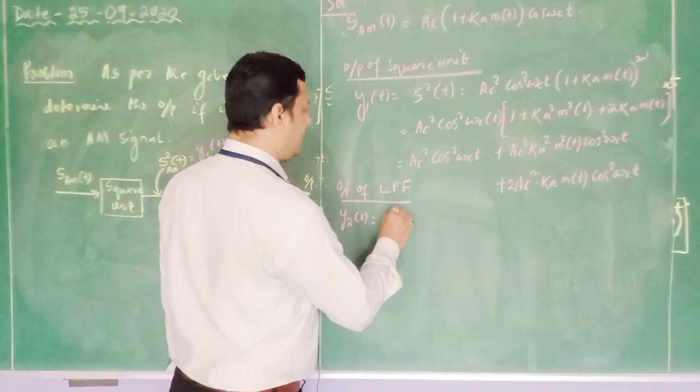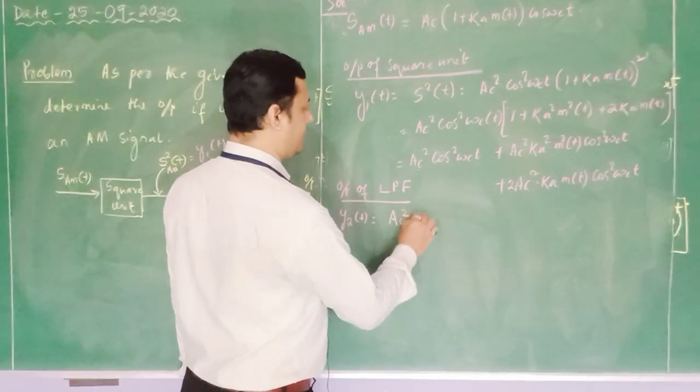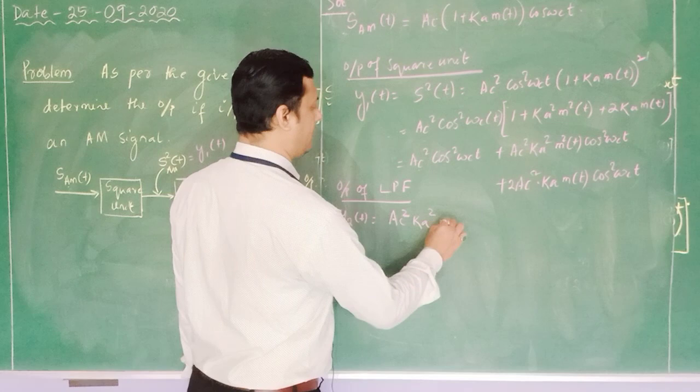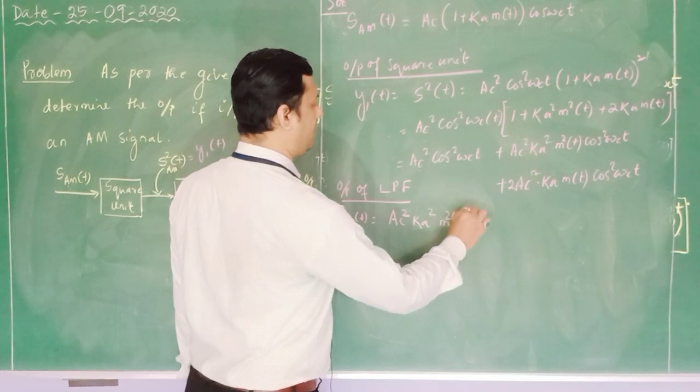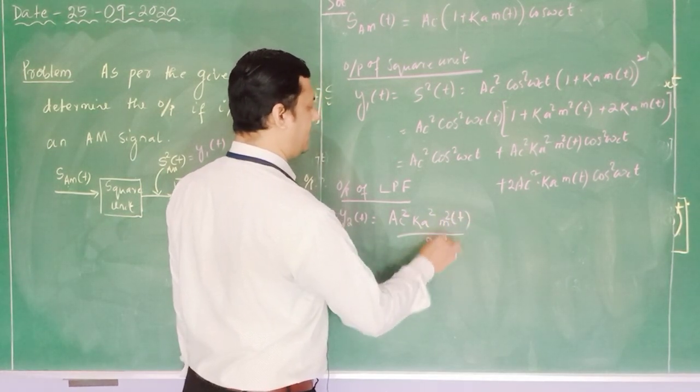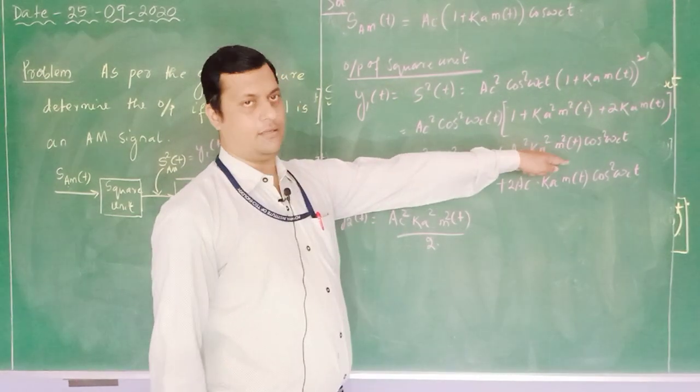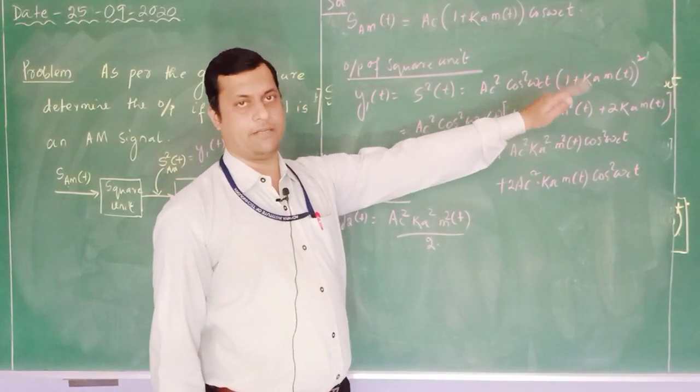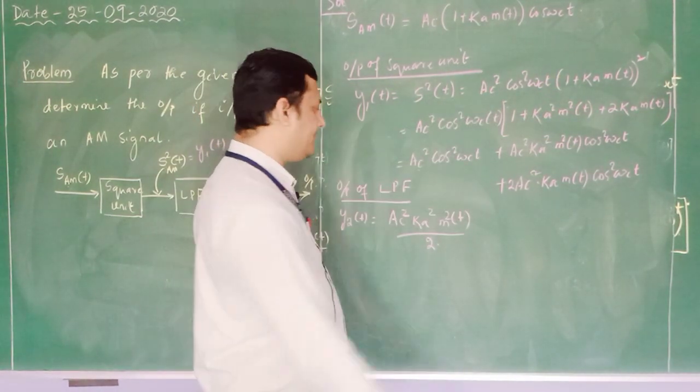We will get Ac square ka square m square of t divided by 2 into 1, and then the cos 2ωct term will be suppressed.